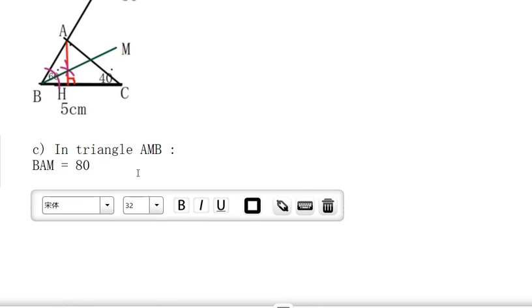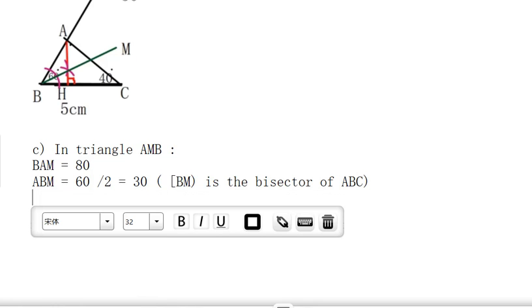Okay, we found it in part A. And ABM is equal to 60 degrees divided by 2 to give me 30 degrees. Why? Because BM, look how I'm going to write BM. It's a semiline. BM is the bisector of ABC. So now I got 2 angles.